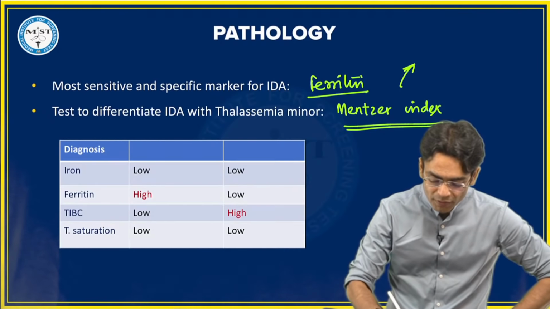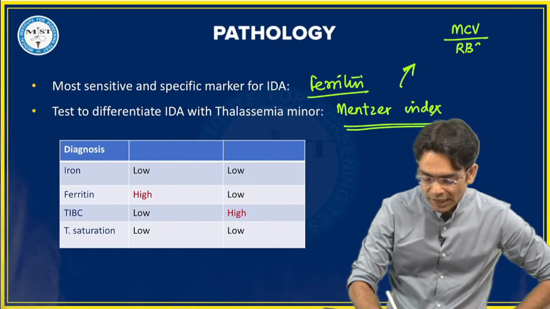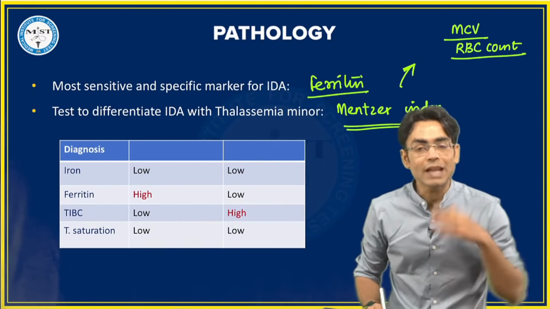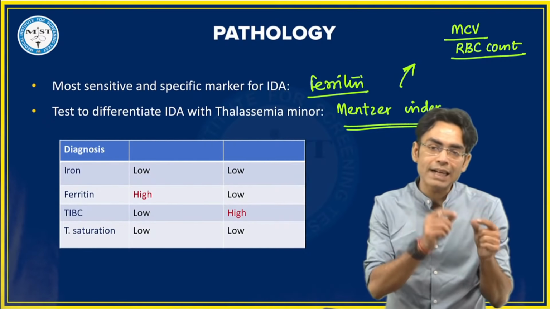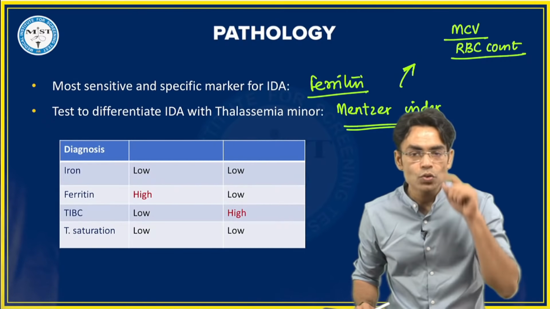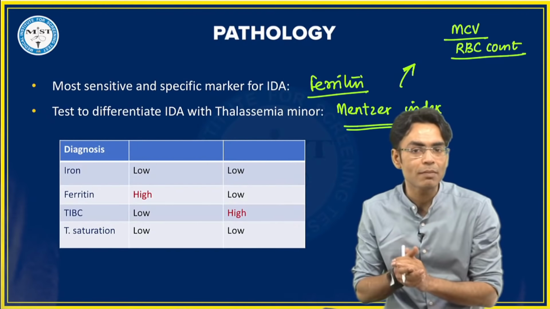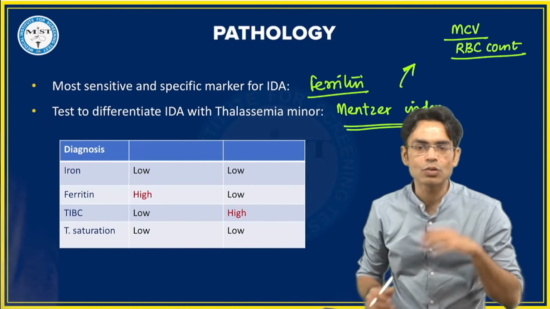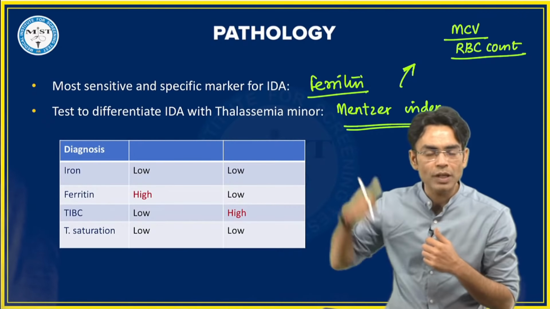This is your, when you are taking the MCV upon the RBC count of the patient. Okay, so thalassemia minor may be the cells, the RBC becomes small, and in IDA, the RBC becomes small. So sometimes it becomes difficult for us to differentiate between the IDA and the thalassemia minor just by seeing the PBS. We have to do further investigations. So what we do is, we do this particular test.